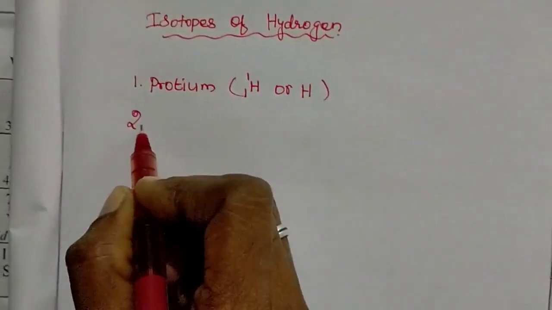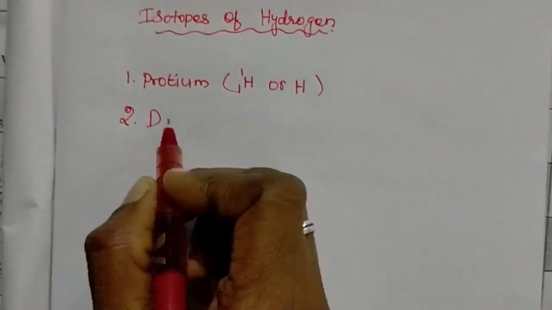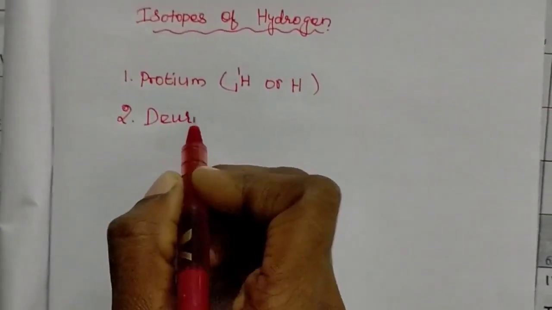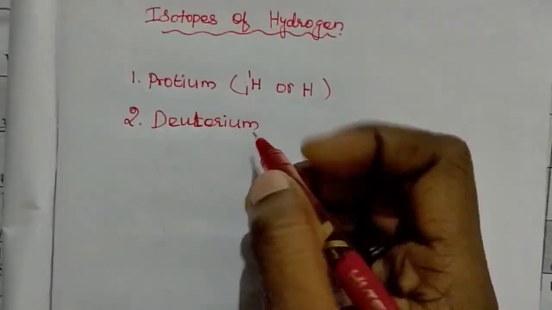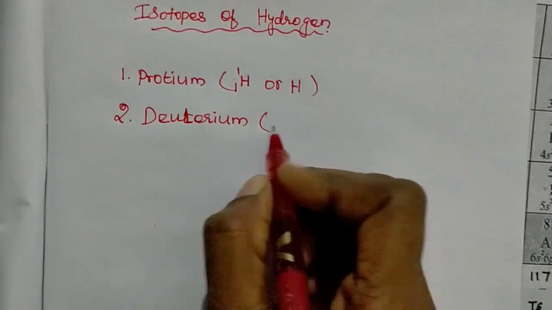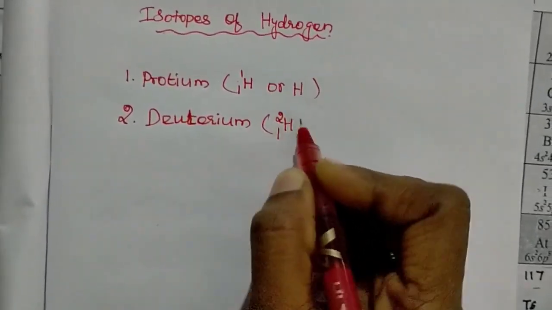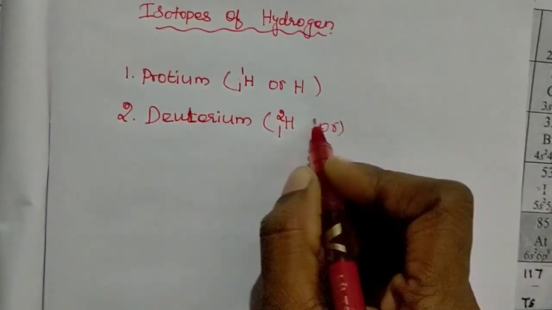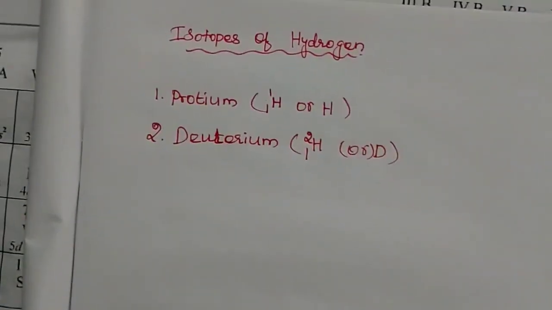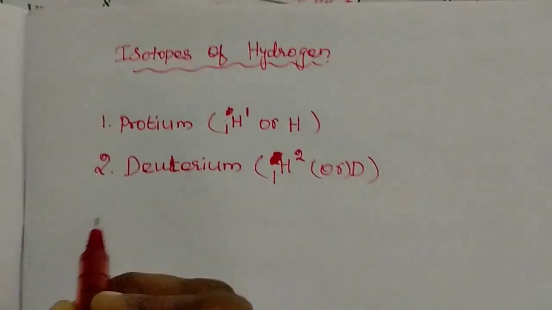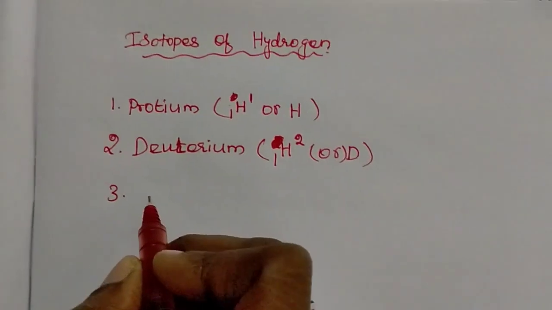What is the second type? The second type is deuterium, and we denote this as 1H2 or otherwise as D. The third isotope of hydrogen is called tritium.